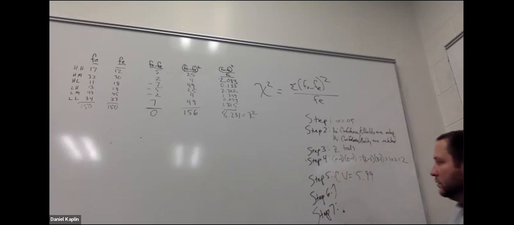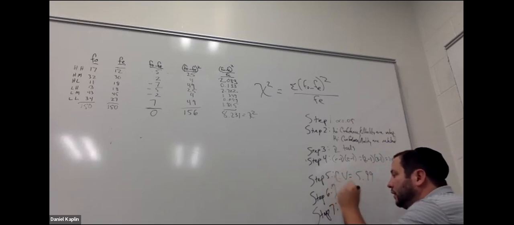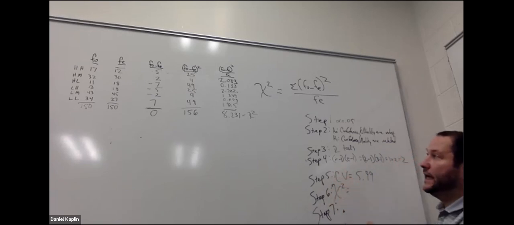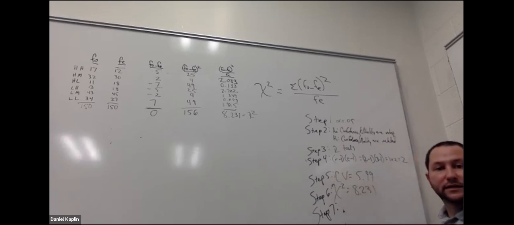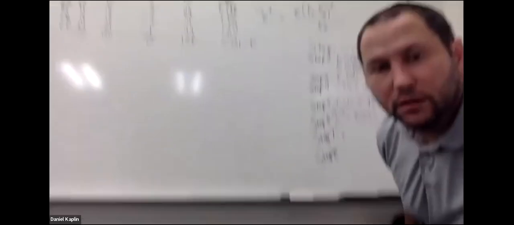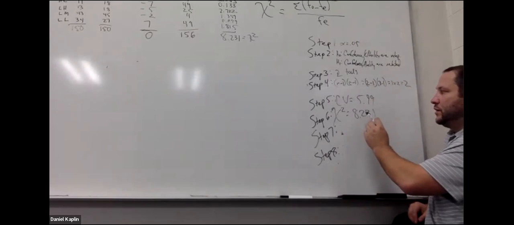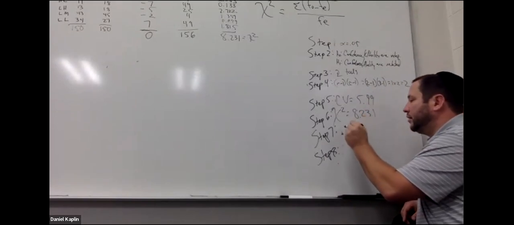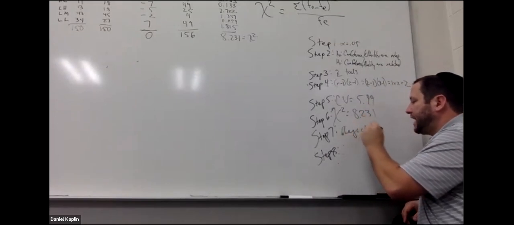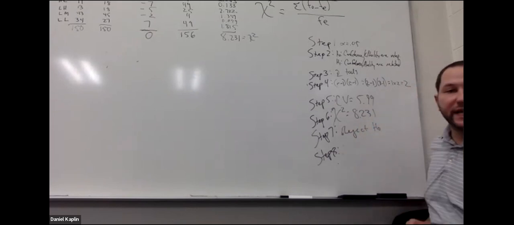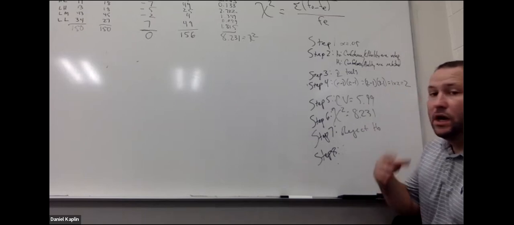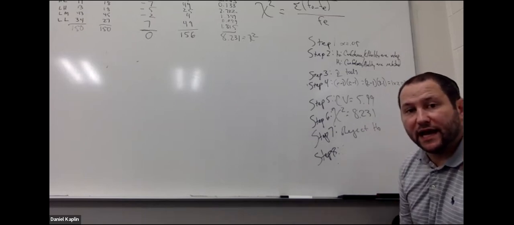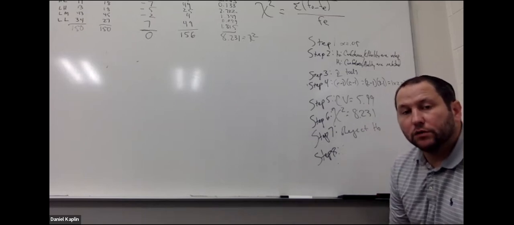Okay, so what is our chi-square value? We got 8.231. So our decision is going to be, if the chi-square is equal to or greater, we're going to reject the null, which means using a chi-square analysis, we found that one's confidence and athletic ability were related.